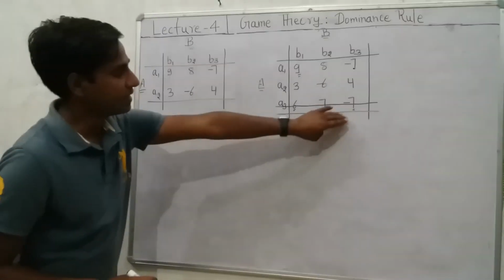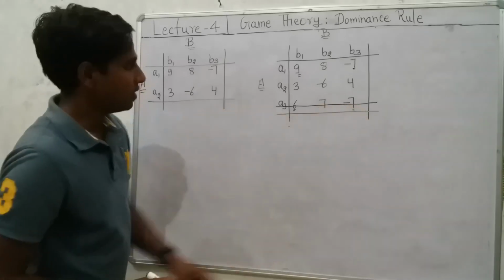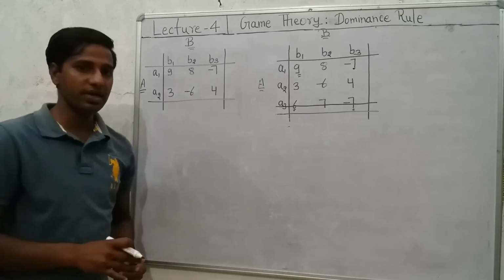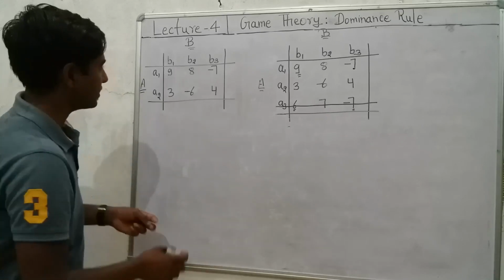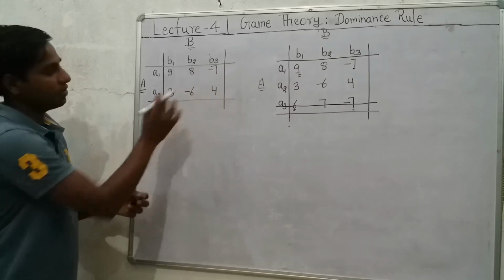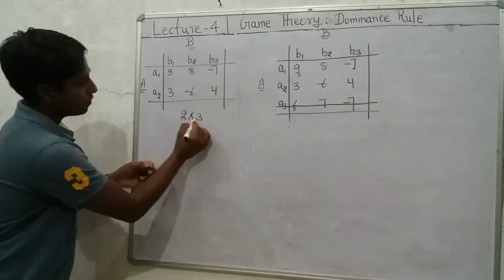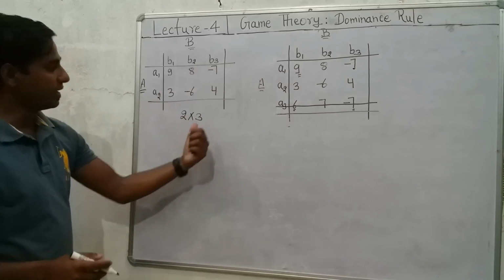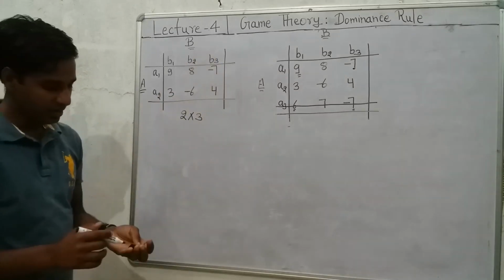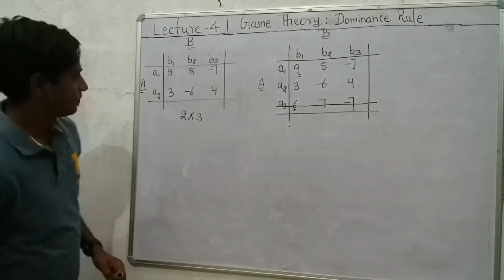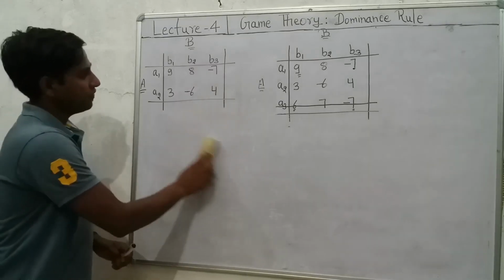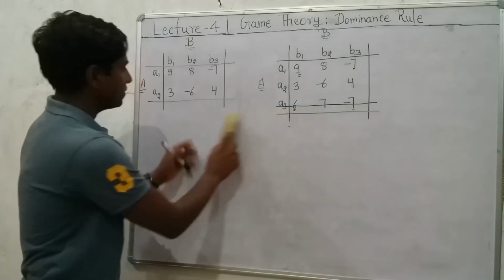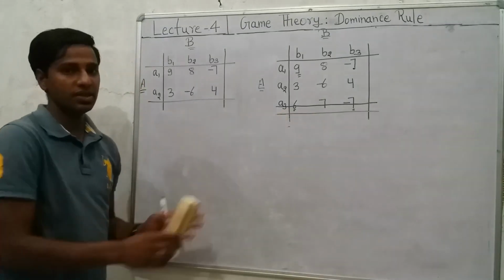So after eliminating this strategy or this row, we would have the new, improved or reduced payoff matrix of 2 by 3 order. It means there are 2 strategies available with company A and 3 strategies available with company B. So in this way we reduced this payoff matrix of order 3 by 3 to a payoff matrix of 2 by 3 order.